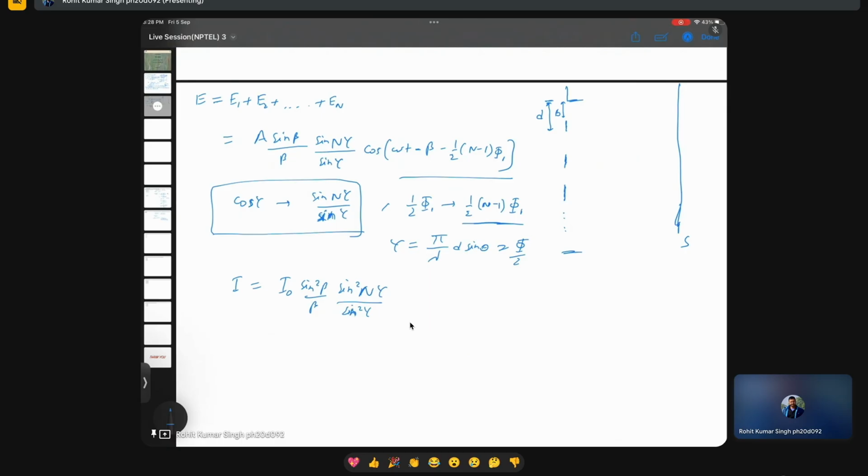As usual, this is the single slit diffraction intensity, and this is the interference, the intensity coming from the interference of all the slits.